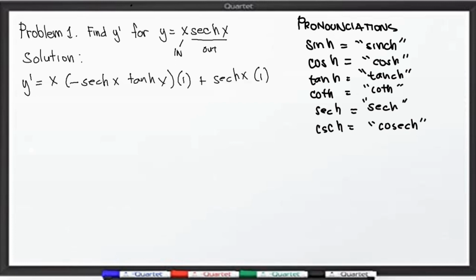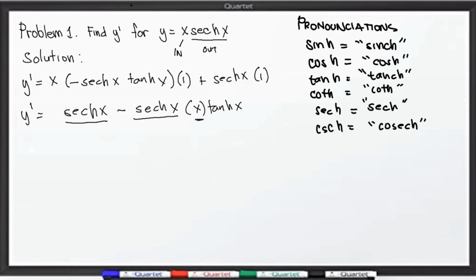Okay, let us try to rearrange things. Y prime is equal to, unahin na natin itong positive, sech x minus sech x times x tanh x. Okay, yan po yung magiging rearrangement niya, no? Obviously, we have a common factor, which is sech x.